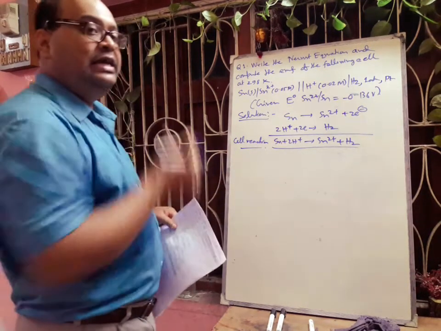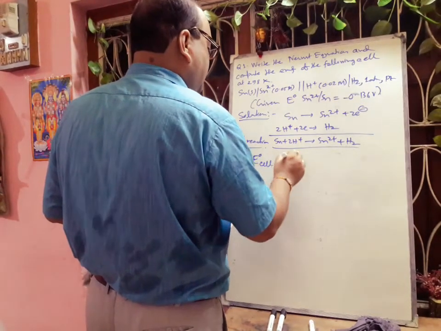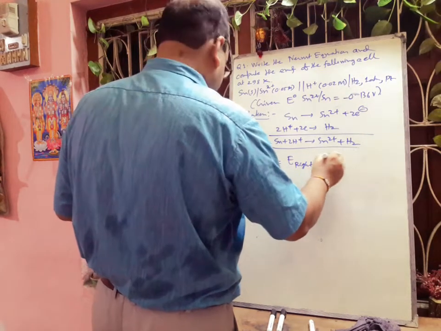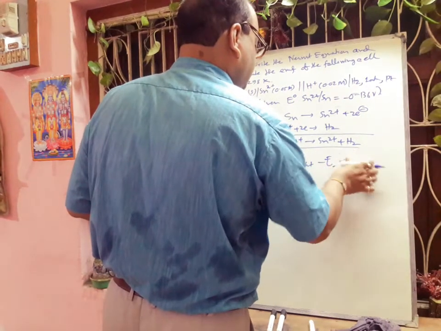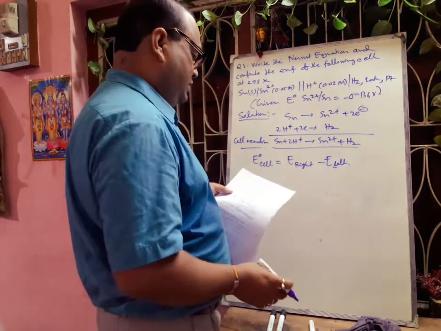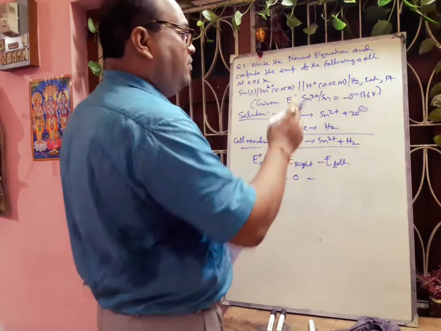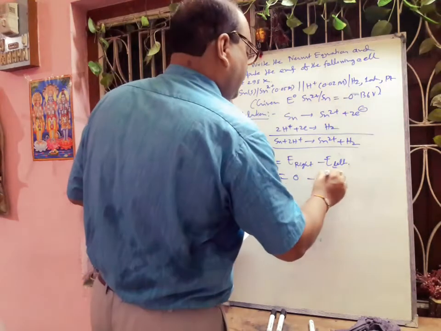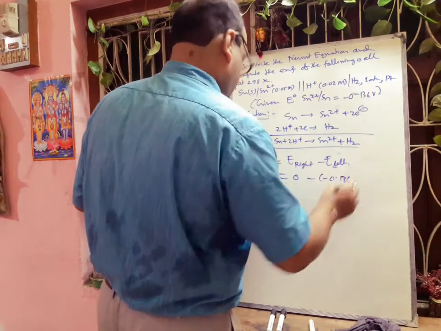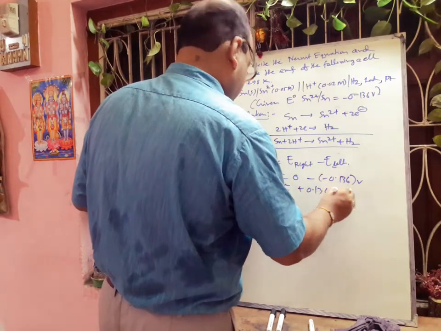Next we will calculate the E0 of the cell. E0 cell is equal to E right minus E left. On the right is hydrogen, which will be 0, and the tin value is given, minus 0.136 volt. If you calculate, you will get 0.136 volt.